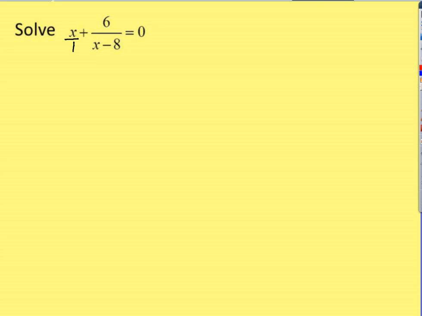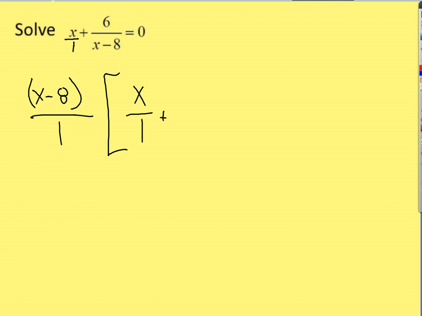So this means we're going to multiply everything by our least common denominator, which in this case would be x minus 8. So we're going to take x minus 8, or x minus 8 over 1, to make it a little bit easier to multiply. And we're going to multiply it by each piece.